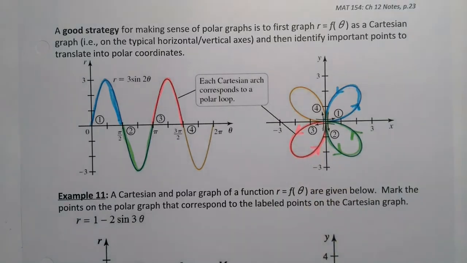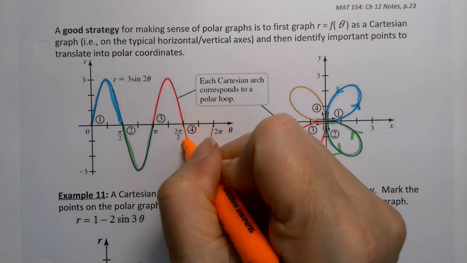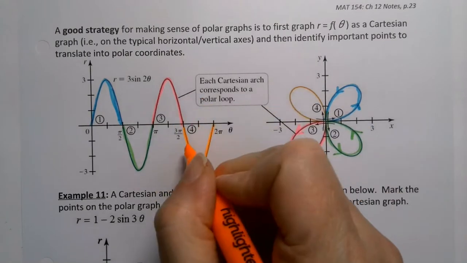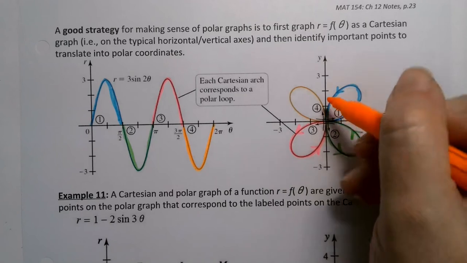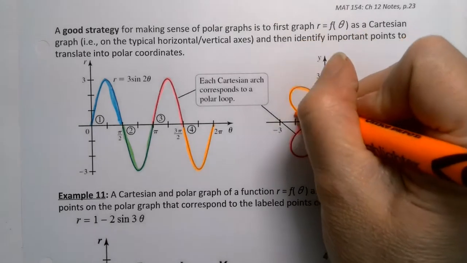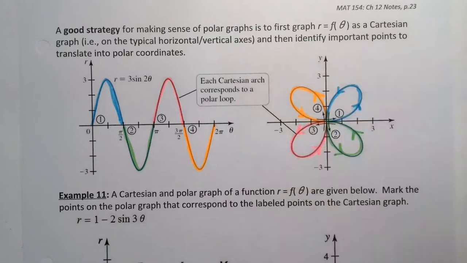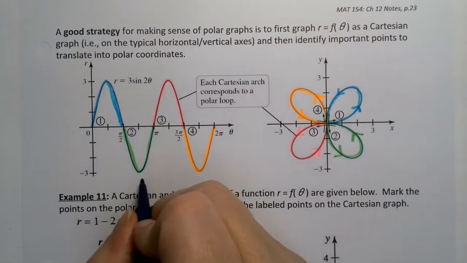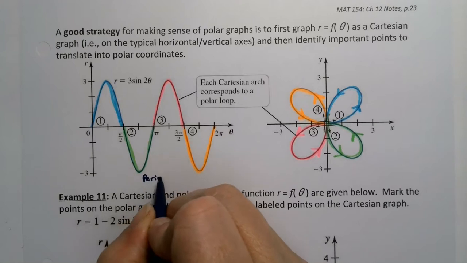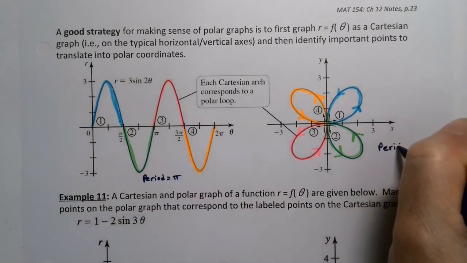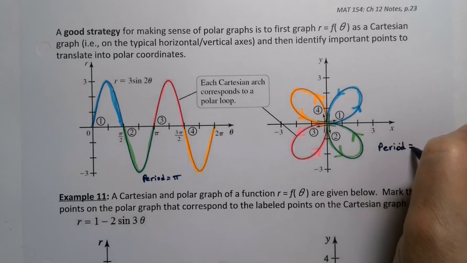And then the last portion, it's kind of yellowy. Yellow highlighter probably won't do us any good, so let's go orange. And so the orange portion comes up and through like that. So the period in the rectangular coordinate system here is pi, but the period in the polar graph is 2 pi.